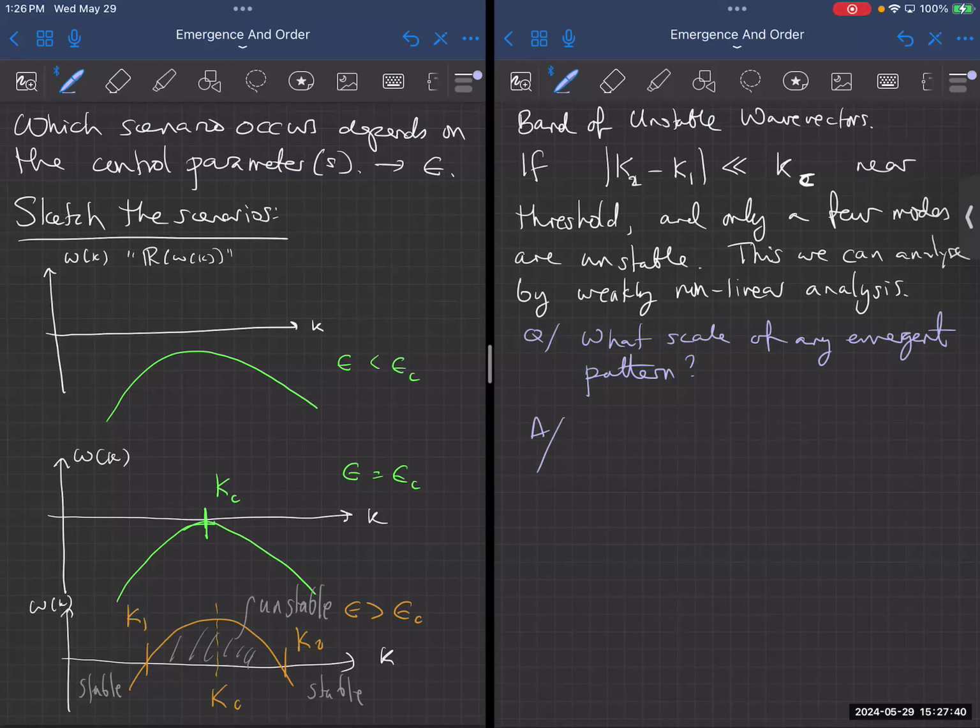The one with the largest growth rate. Right. So the K value with the largest omega of K will grow the fastest.